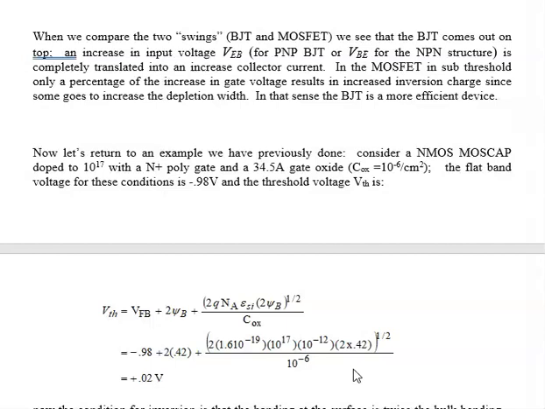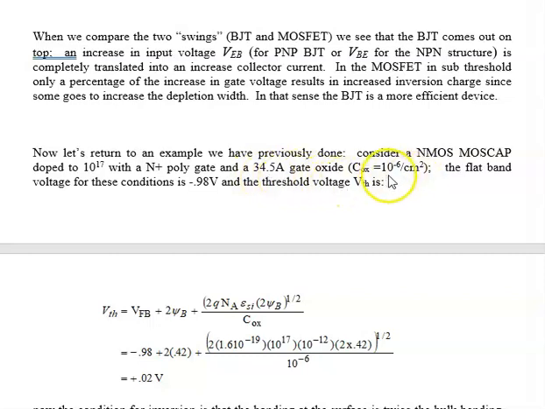Okay, now I'd like to return to an example that we did previously, but we'll just go through it very quickly again. It's an NMOS p-substrate silicon, doped or default doping 10 to the 17th. It has a moderate gate oxide. Today, this would not be about 34.5, more like 15 or 20.